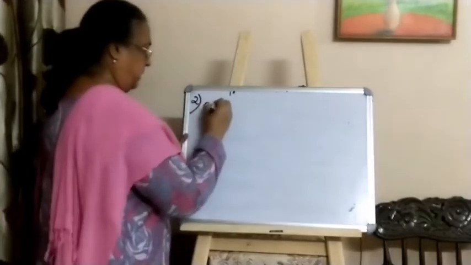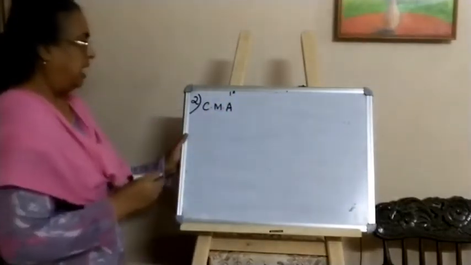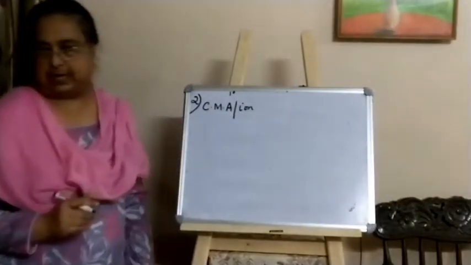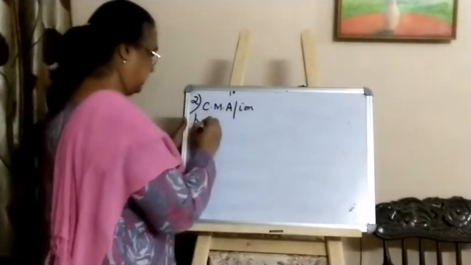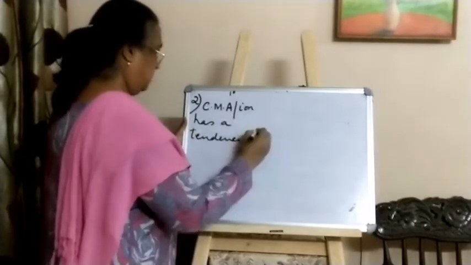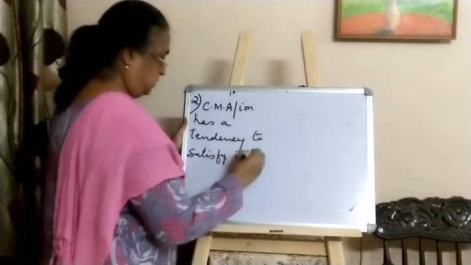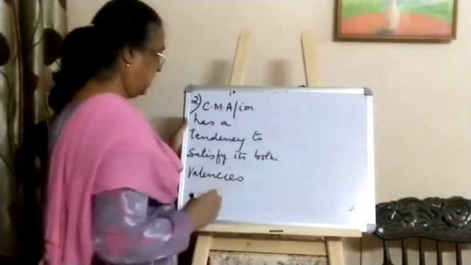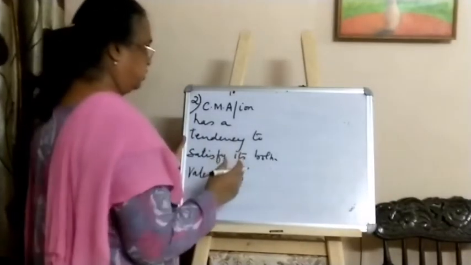The central metal atom or ion will always have a tendency to satisfy both its valencies. What are both valencies? Primary and secondary. And this is the second postulate.